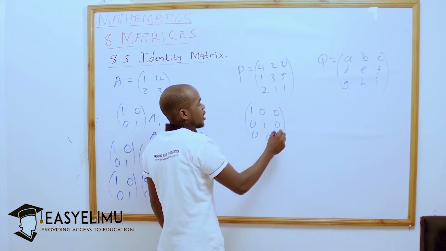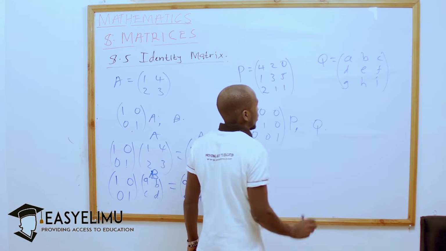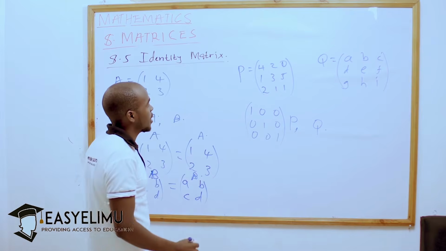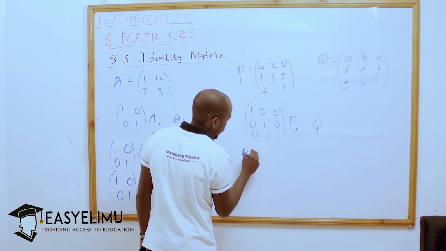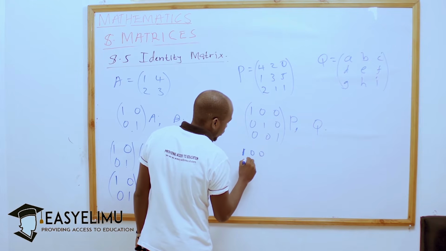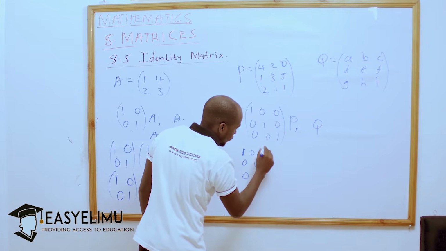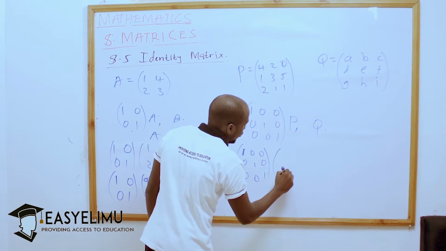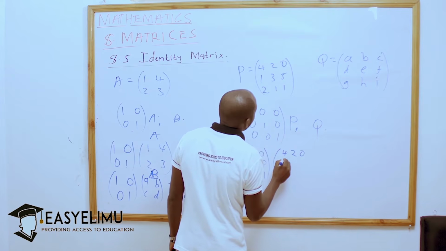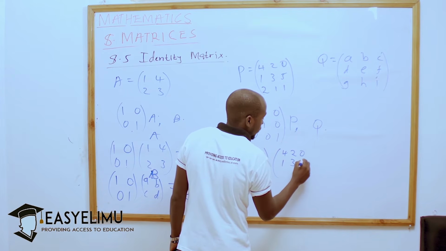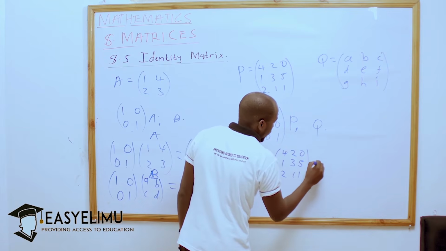So let's multiply each of them by that. Pre-multiply each of them by that matrix and see what it gets. So we shall have 1, 0, 0, 0, 1, 0, 0, 0, 1, and see if we pre-multiply by 4, 2, 0, 1, 3, 5, 2, 1, 1, what do we get?